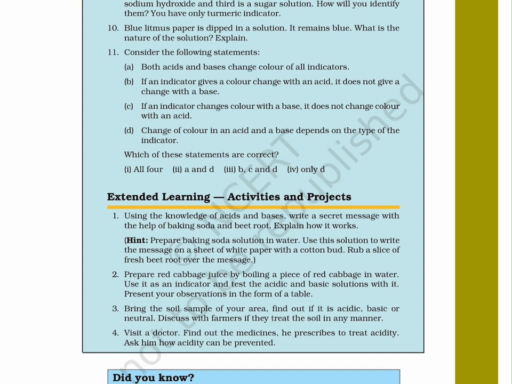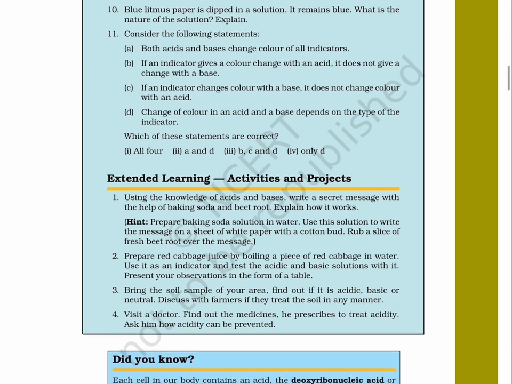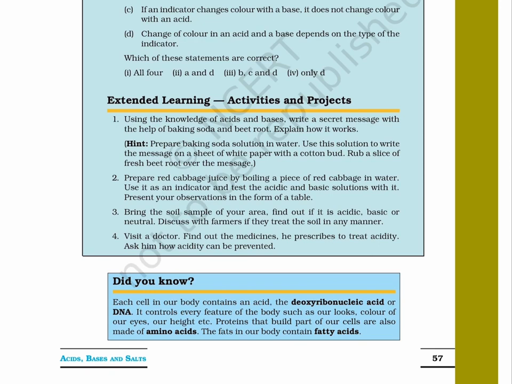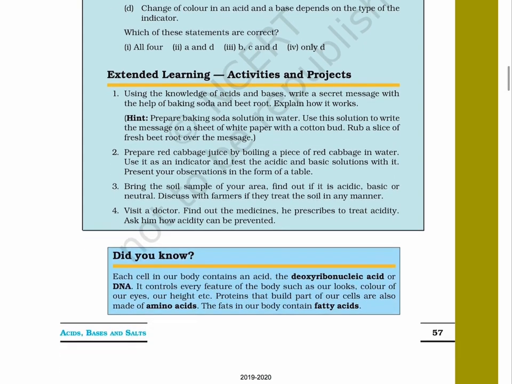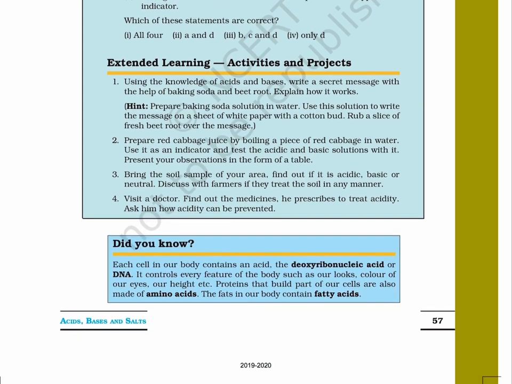D. Change of color in an acid and a base depends on the type of the indicator. Which of these statements are correct? 1. All. 2. A and D. 3. B, C and D. 4. Only D. Extended learning, activities and projects.